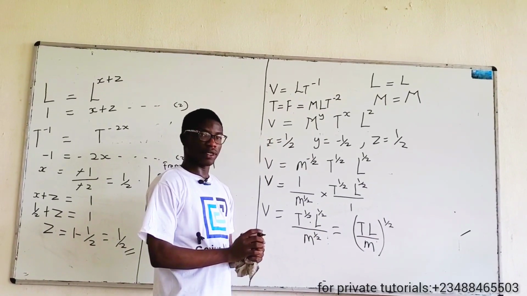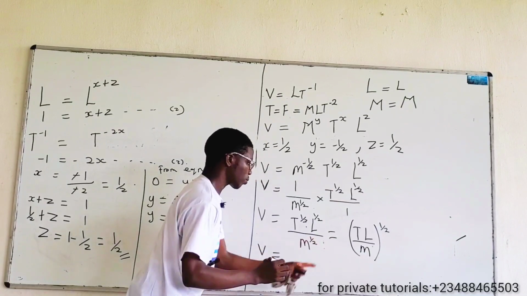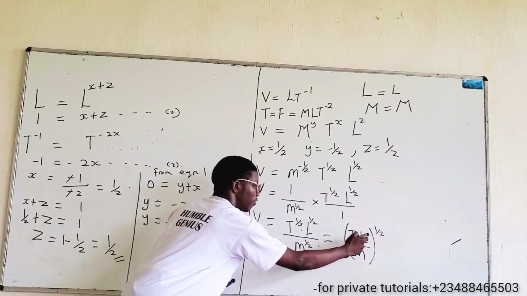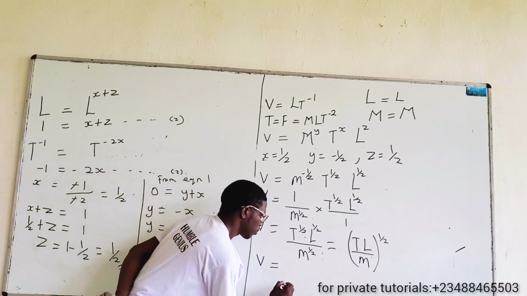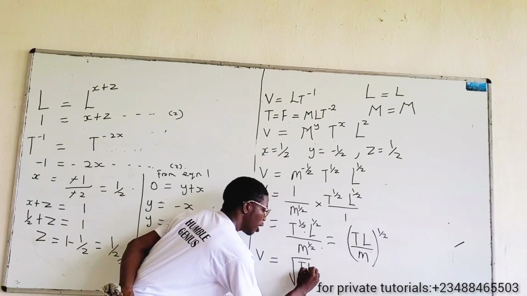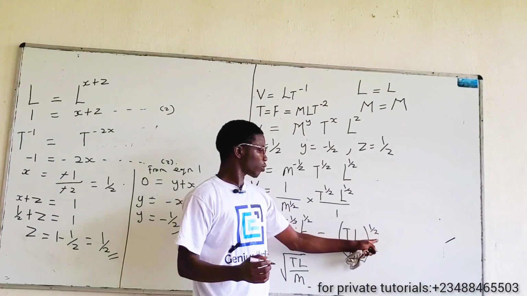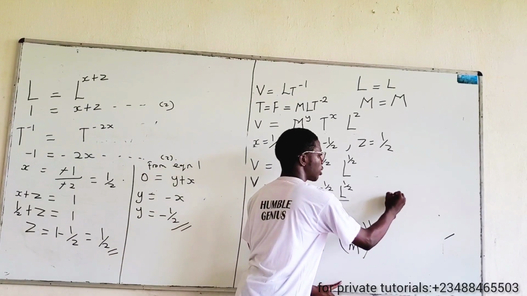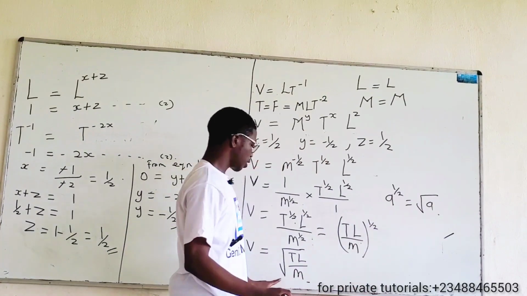So we have v equal to TL over m raised by 1 over 2. From there, we have the square root of TL over m. Remember your indices: a raised by 1 over 2 is the same thing as square root of a. So that's what I did here.